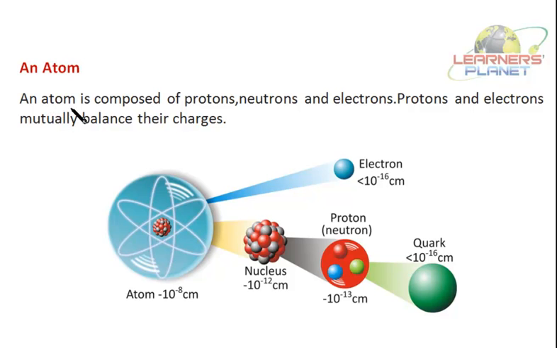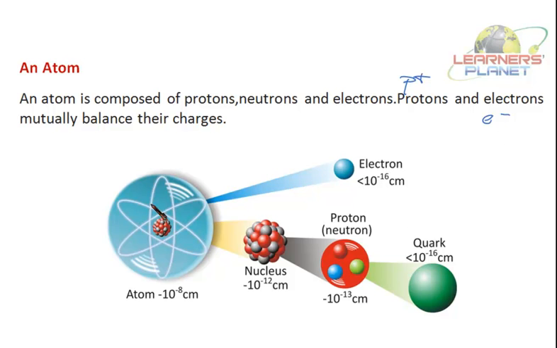See, an atom can be depicted by this picture. An atom is composed of protons, neutrons and electrons. Protons and electrons mutually balance their charges. Why so? Because the protons are positively charged and electrons are negatively charged.